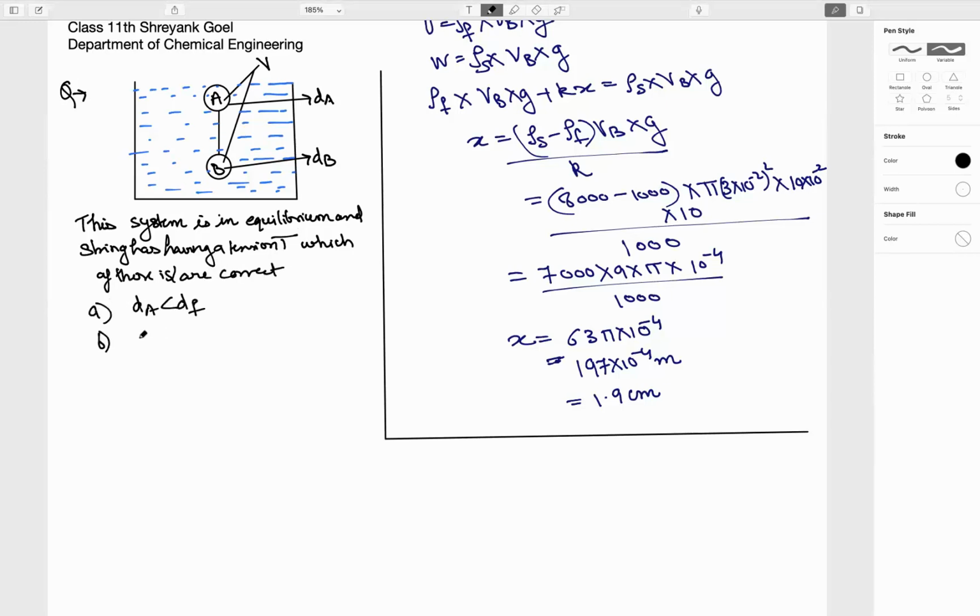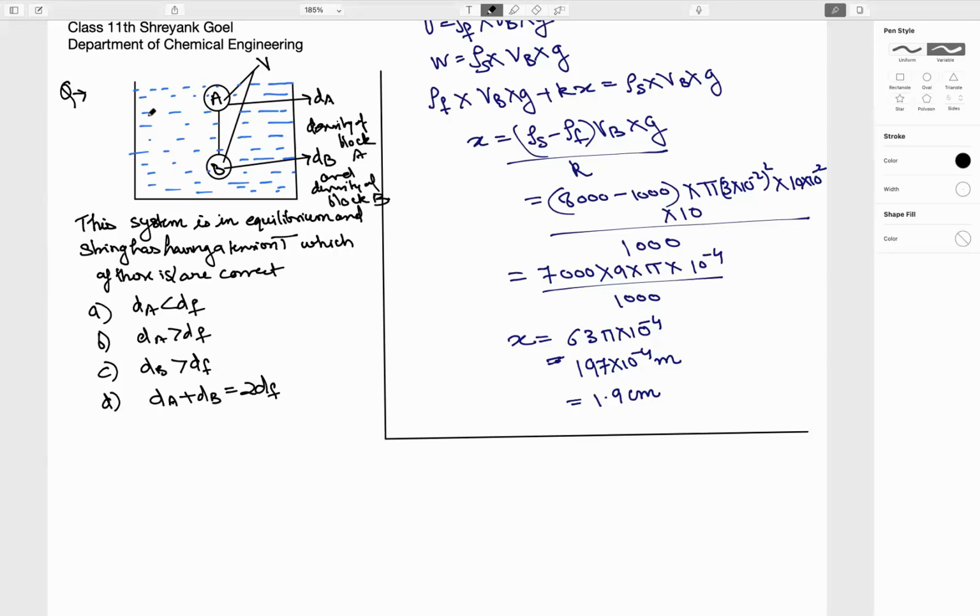A, B, dA plus dB is equal to 2dA. dA and dB are the density of block A and density of block B.